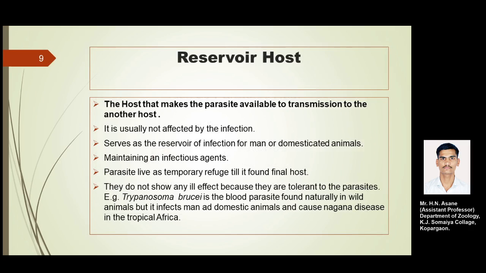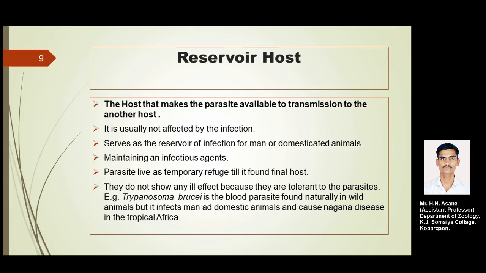The fourth main type is the reservoir host, and reservoir hosts are hosts that make the parasite available for transmission to another host. Here the mode of transmission of the parasite is from one host to the other host, while in the previous three examples the modes of transmission were by means of the parasites.